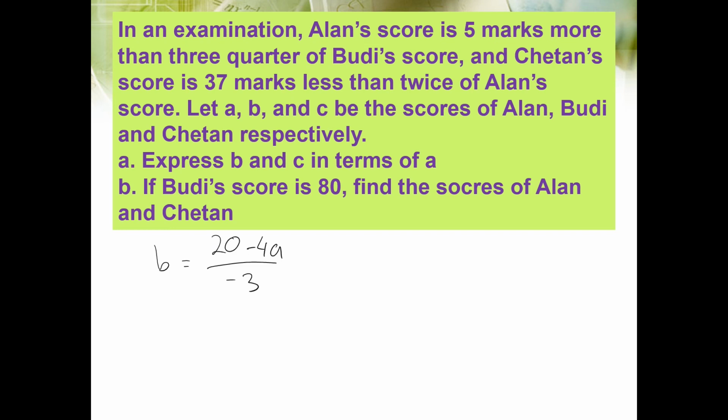Let's see with B, 20 minus 4A per minus 3 from the equations in A equations. We have to fill B if Budi's score is 80, so B we change with 80. 20 minus 4A per minus 3. What is the next step? You can multiply all with minus 3.